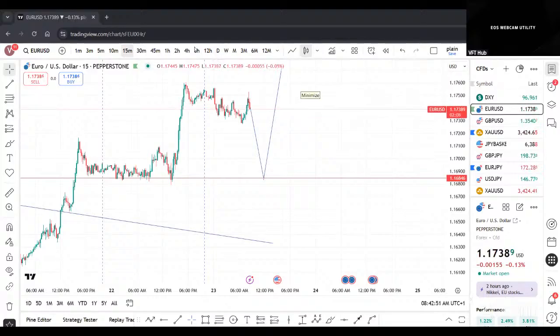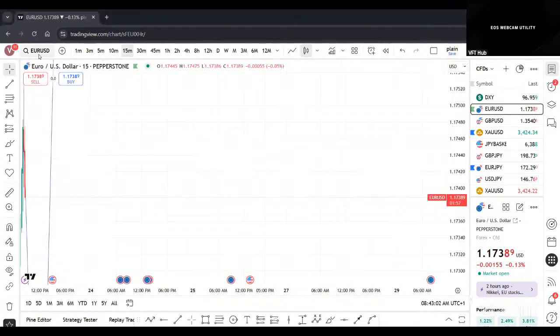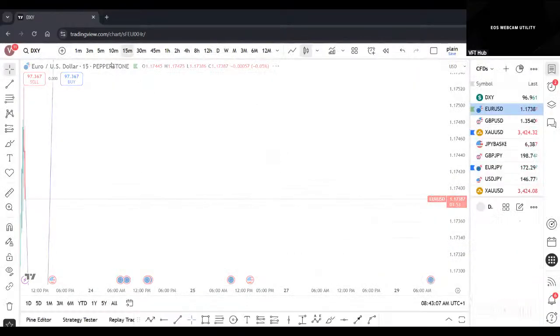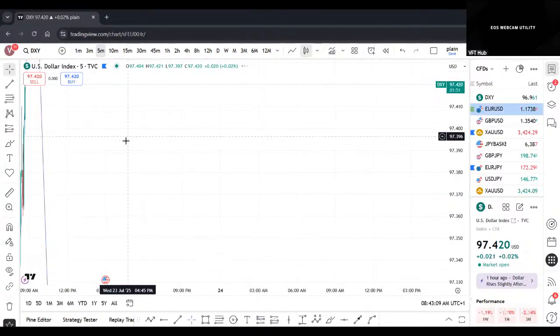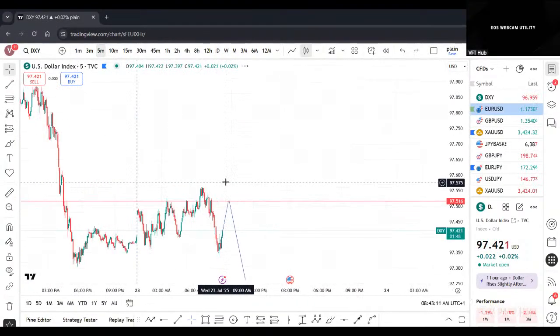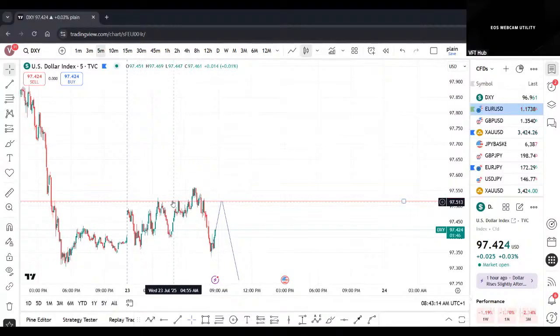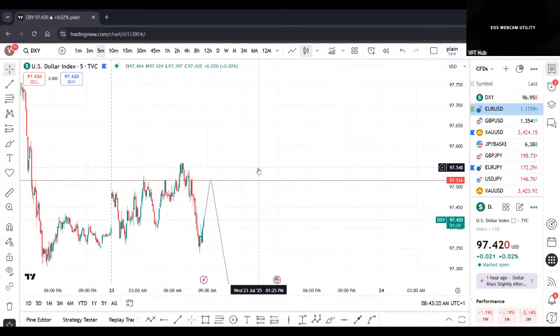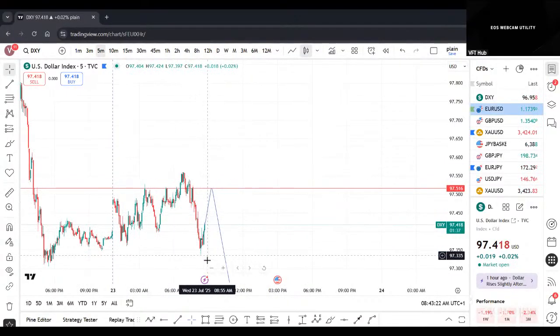Can you explain the DXY again, please? You can actually catch up with the replay on our YouTube channel, right? So it's a sell for the DXY, basically. And coming back here on the DXY, just going through it again, on the 5 minutes time frame, I'm looking out for price to trade into this left shoulder at 97.516, shoulder at 97.156, sweep to the upside, break to the downside.